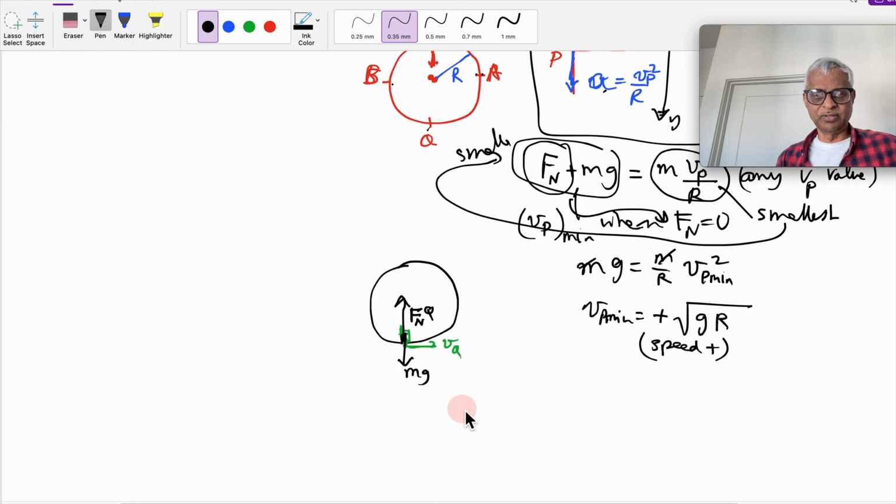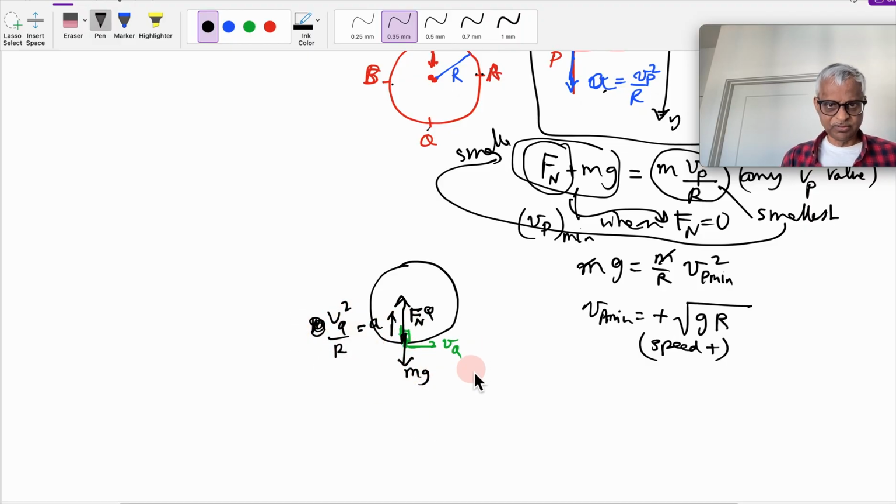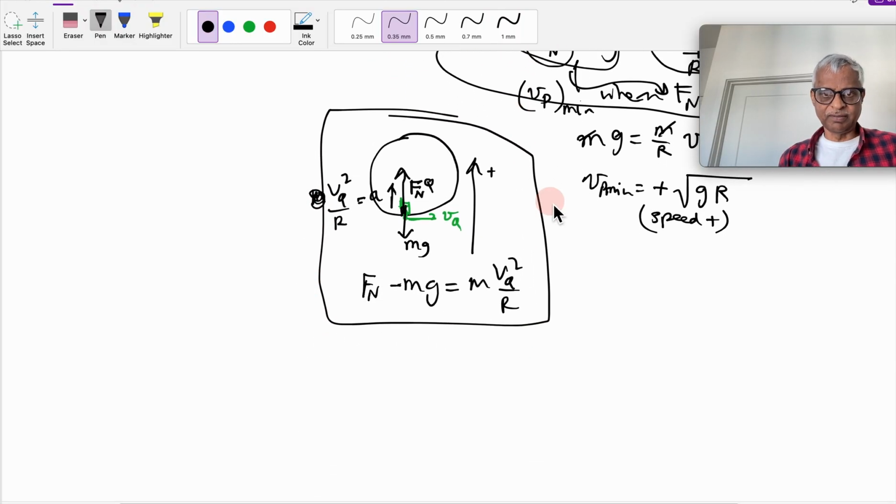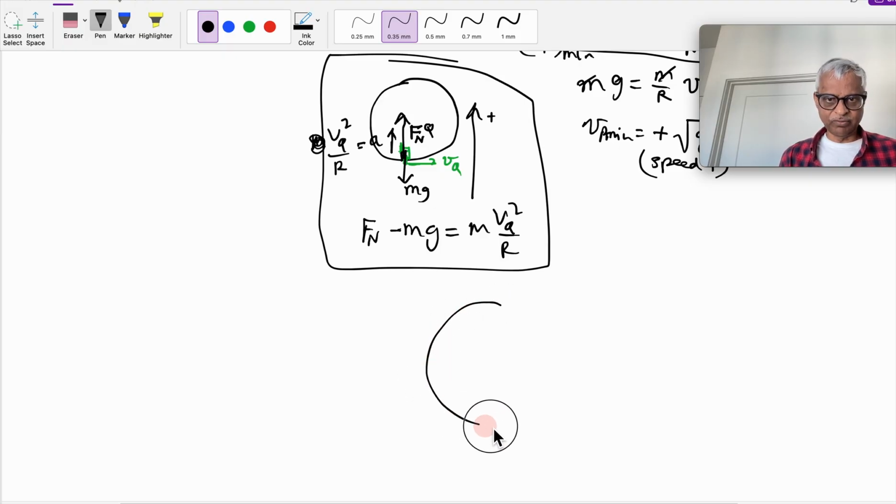So you can see now it's opposite, and the speed is this way, but the acceleration is that way. So acceleration is vQ squared over r. If you write down, maybe this is the positive axis, so Fn minus mg equals m vQ squared over r. So at this point, you're going to see that equation. Let's look at A. What will happen at A? All right, so this is A.